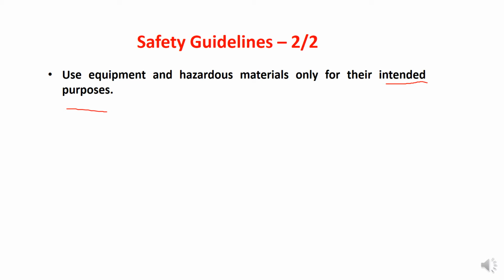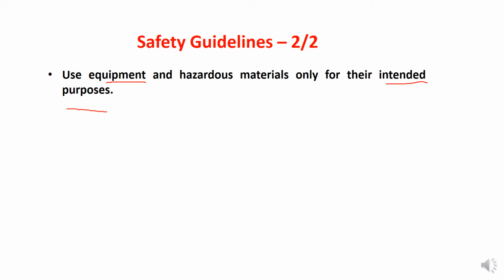For example, in our labs we have an ice making machine, which will only be used to make ice for the experiment, not to make ice for your drinks. This is one example of equipment. There are other equipments that could be used for personal or domestic purposes, but we will not use them because they are specified for the labs.